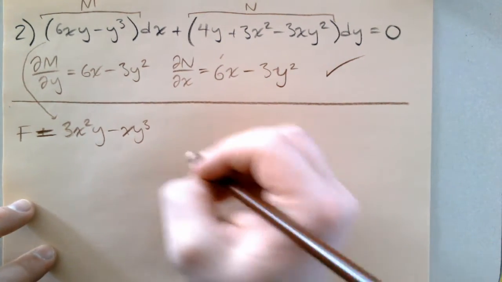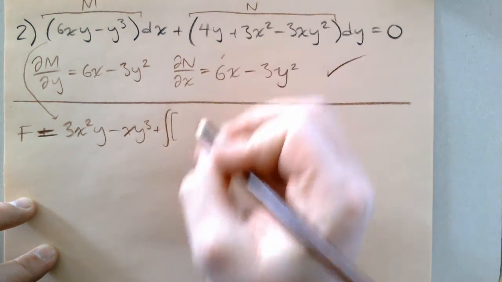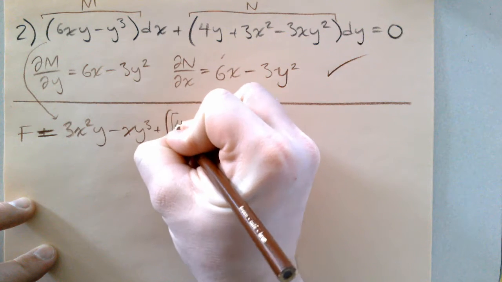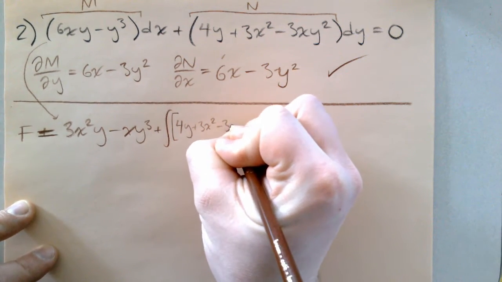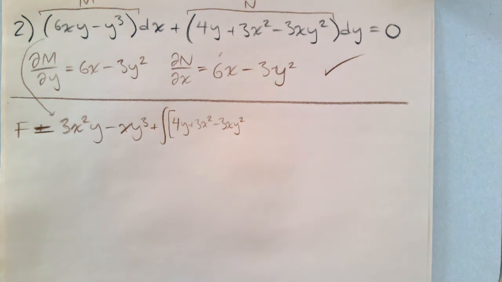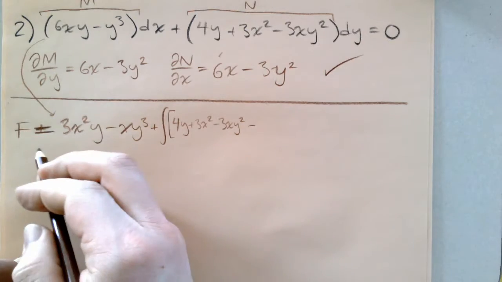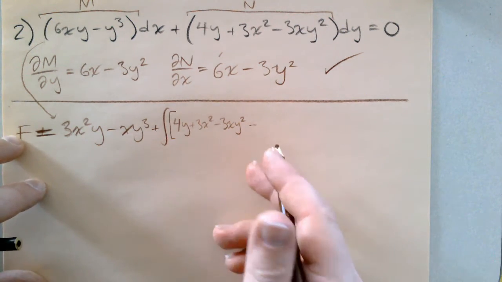Then we keep going on. We're going to have an integral. So the first term will be that N we have up here. So writing it all out, 4y plus 3x squared minus 3xy squared. Then we're going to subtract the term we just wrote up here, but we have to do partial with respect to y of that.